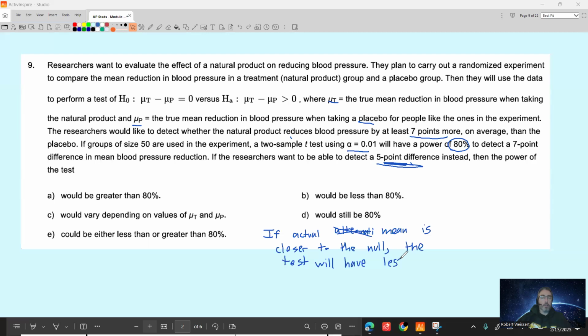You don't need to know how to calculate it. You just need to know that it's a more powerful test when the actual alternative is more in the extreme direction, where the actual mean is more in the direction of the alternative than the null.